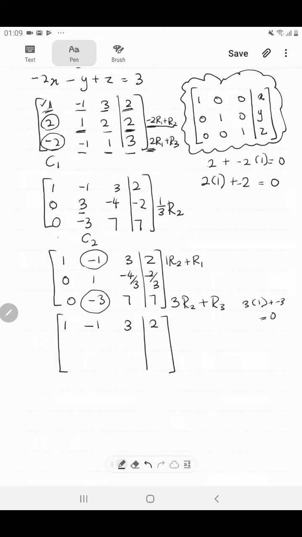Row 2 is the same. Row 3, do the same process as we have decided. Sorry, let's go back one step.